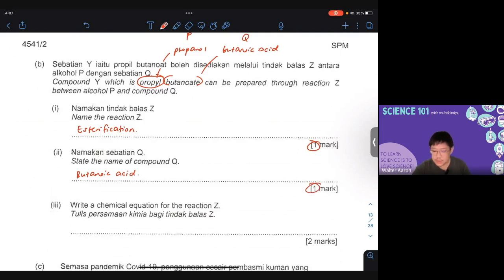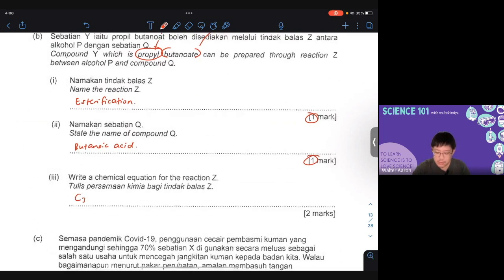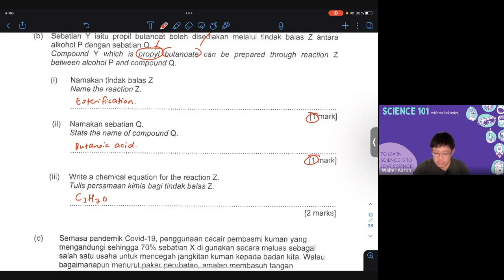Then I'll ask you to write a balanced chemical equation in this case. So you will have propanol first, plus butanoic acid, you will get propyl butanoate.